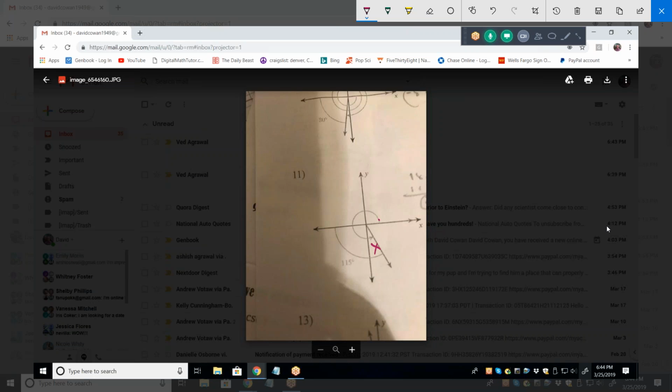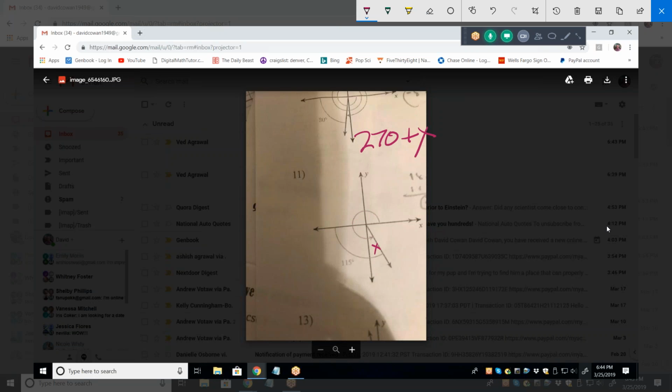So, what's this measurement right here? 270. Well, it's 270 plus X, right? Yeah. So that line is 270 plus X, that angle.